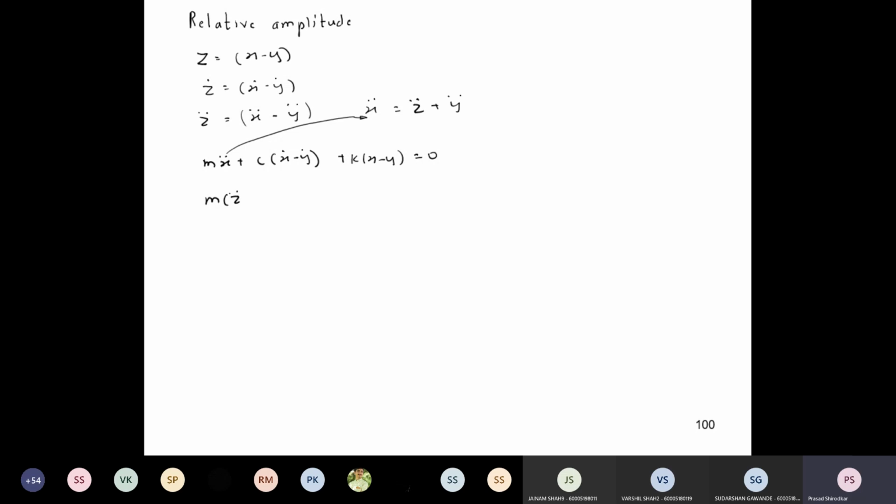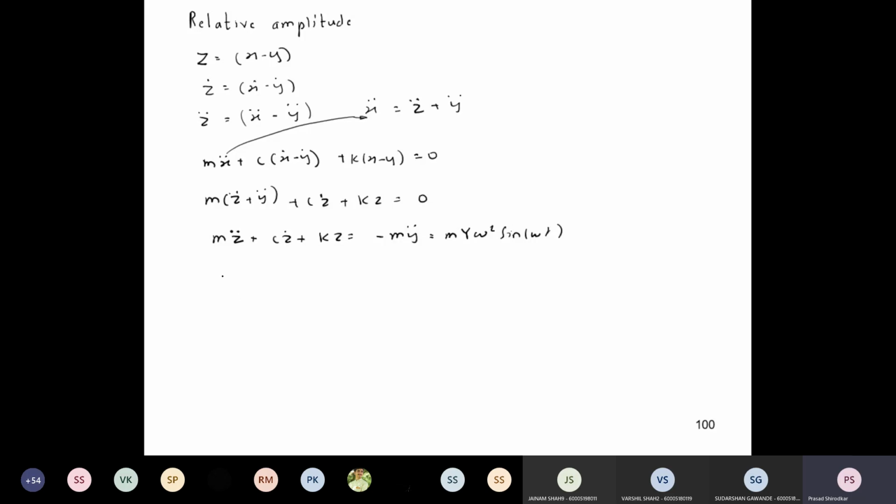This becomes m into (z double dot plus y double dot) plus c z dot plus k z is equal to 0, and so I get m z double dot plus c z dot plus k z is equal to minus m y double dot, and that is equal to m y omega square sine omega t.